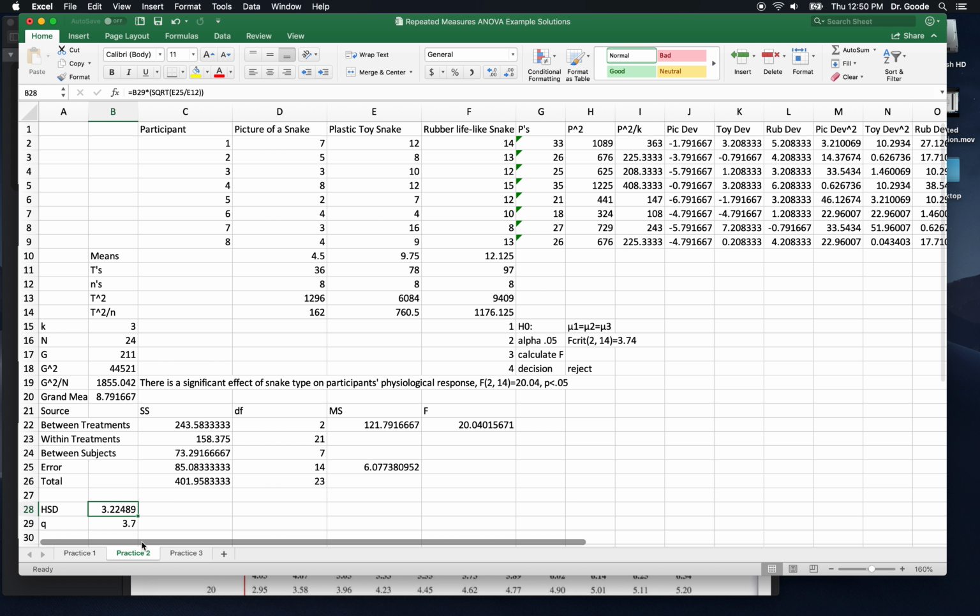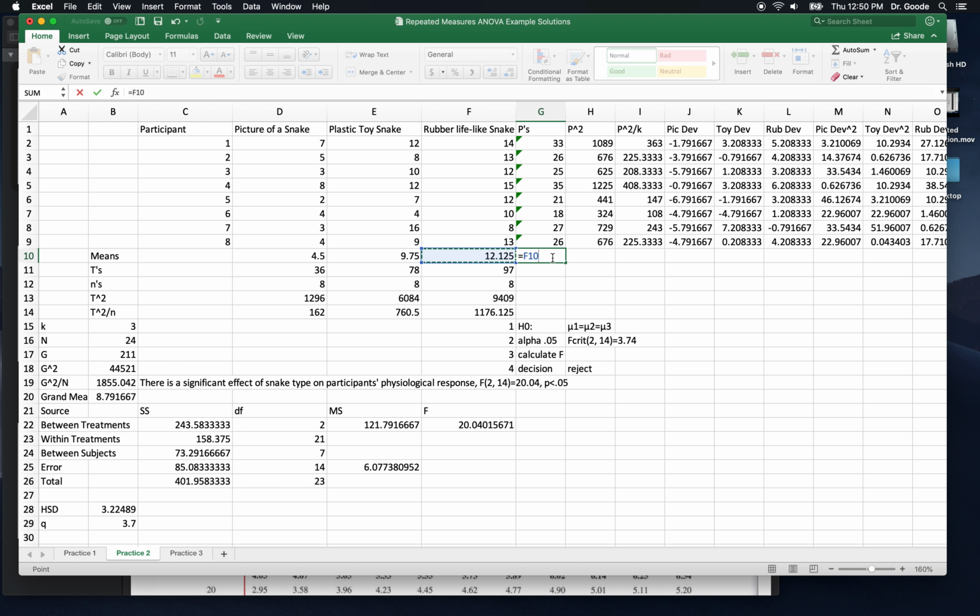So the honestly significant difference is 3.22. So let's look at these differences. Is 12.125 3.22 away from 9.75? Let's check. I don't think it is. No? Sorry.